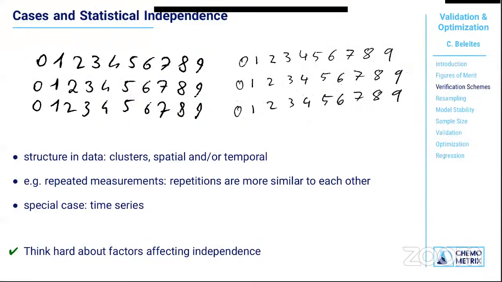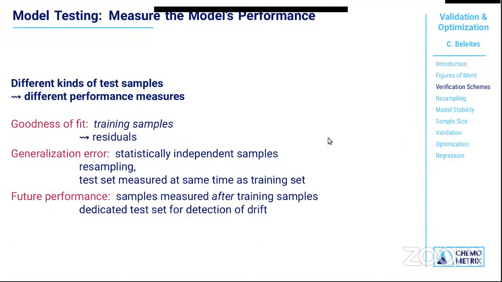I'm not going to show this because time is getting on. But scikit-learn actually gives you the possibility, when you set up a cross-validation or the splitting, to split according to some grouping variable, such as the writer, if you have it, of course.